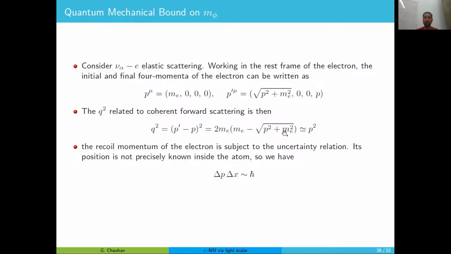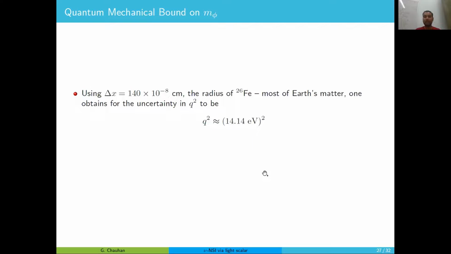Since this recoil momentum of the electron is subject to the uncertainty relation within the boundaries of the atom, heuristically you can estimate that the bound on delta q squared, which is proportional to p squared, is around 14 eV-ish.